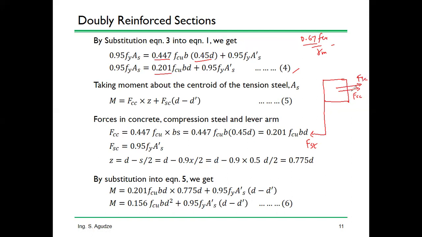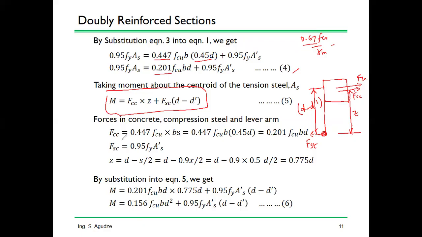And the distance between this one and this is the Z. And as I explained, the distance between this one all the way to here is D minus D prime, as I explained in the previous slide. So if we take moment about this point, then it is this force times the distance and this force times its distance. So that's what you are seeing here. Okay.